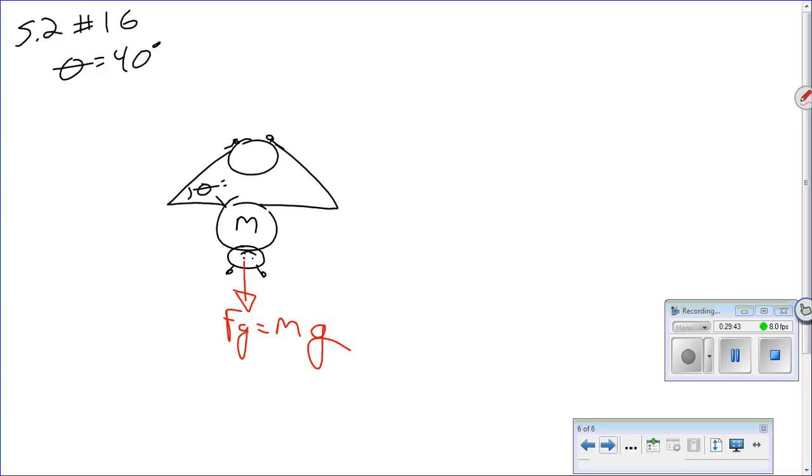If you look at one leg, here's the force in the tibia. I'm looking for the ratio of the force in the tibia to the weight. I know that this angle here is 40 degrees, and the y component of the force in the tibia has to be a sixth of this.